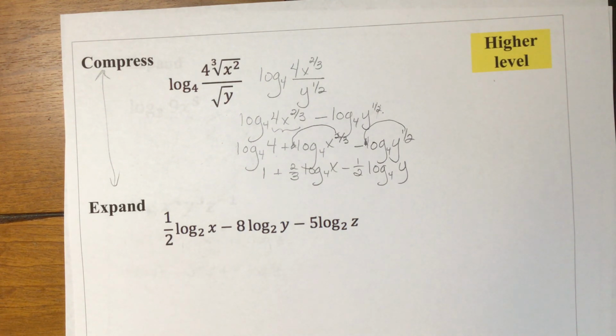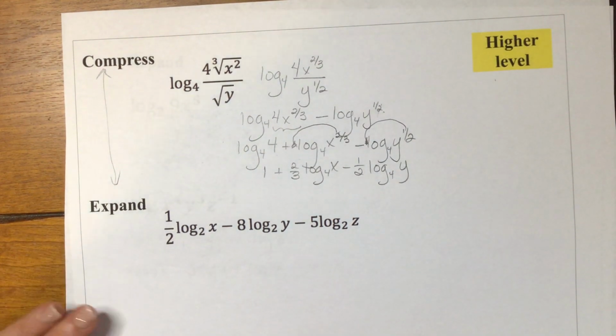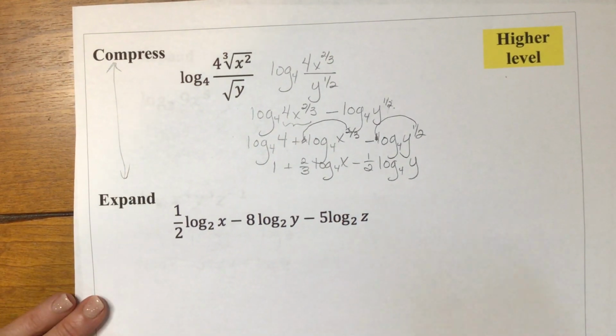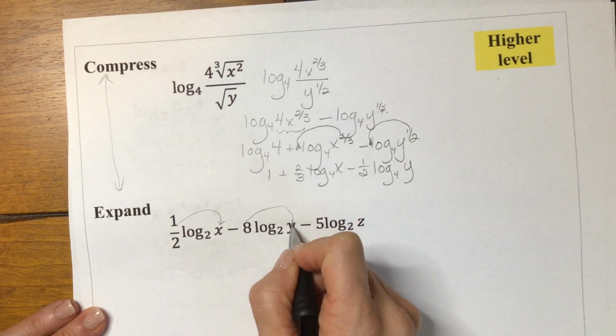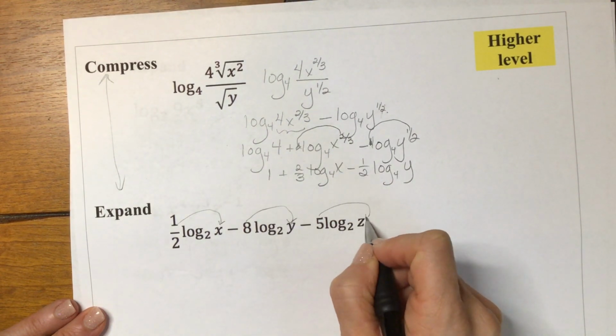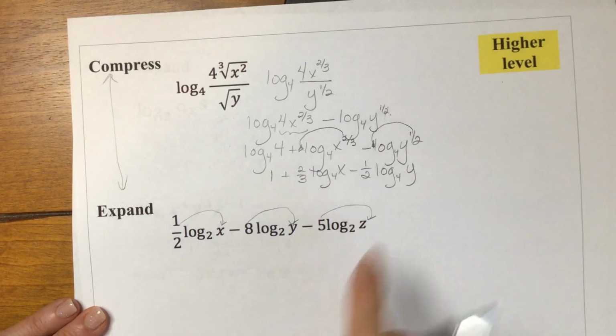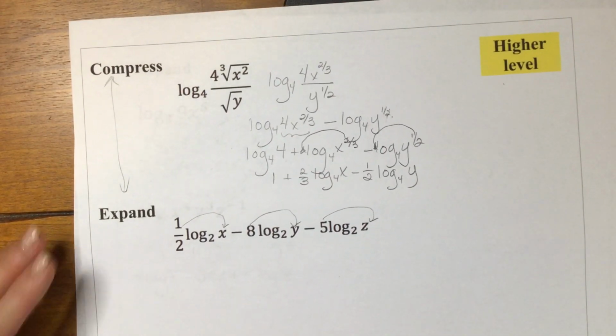So I started with any multiplication or division I had and turned that into addition, subtraction, and then I did exponents. When I compress, I'm going to follow PEMDAS, and I'm going to start moving everything that's multiplied in using the power property. So I'm going to start applying those exponents where they should go.